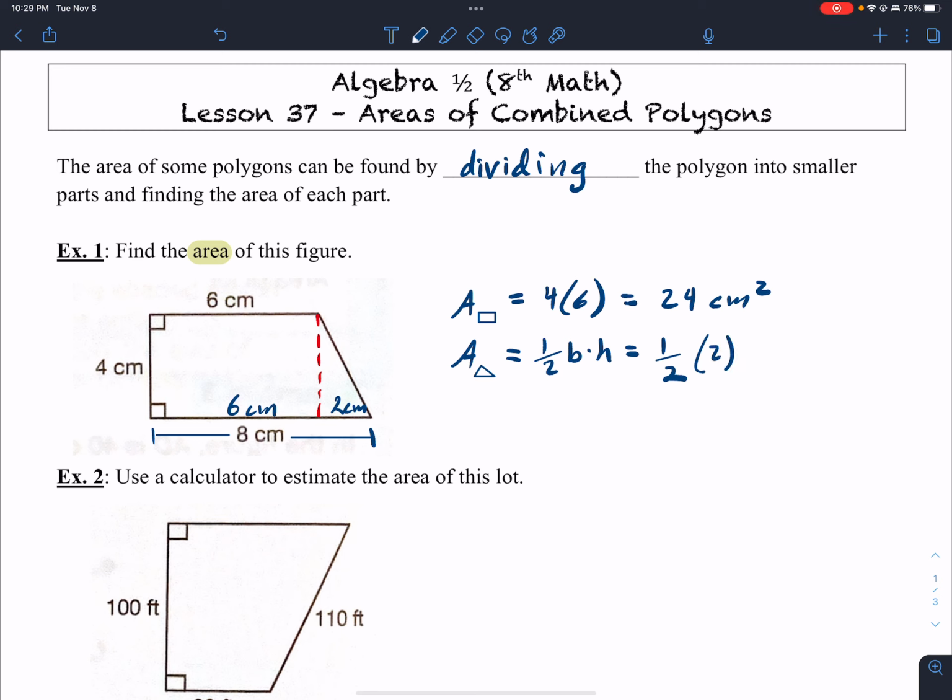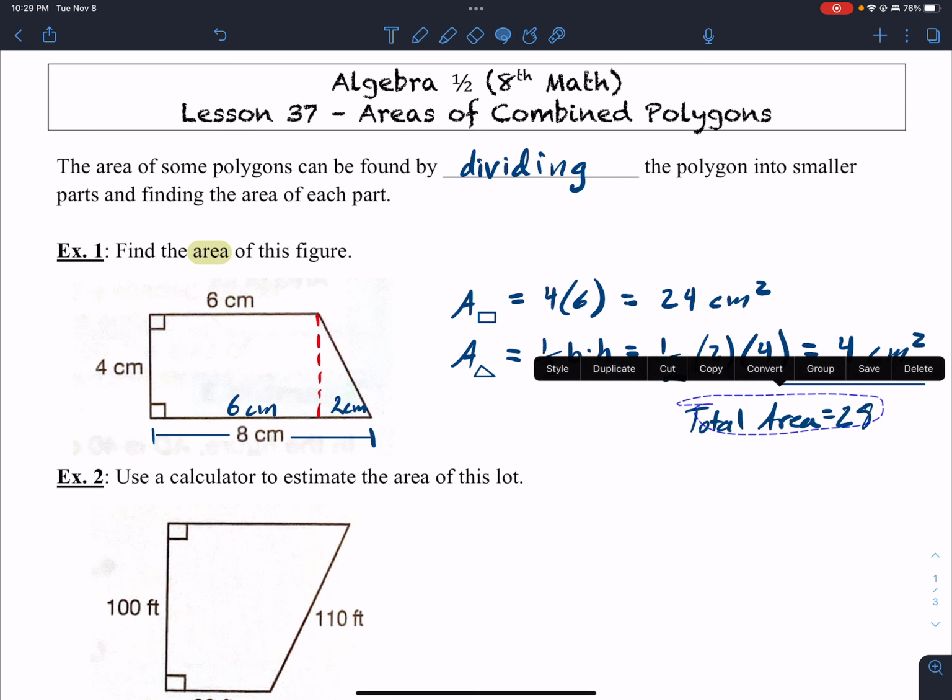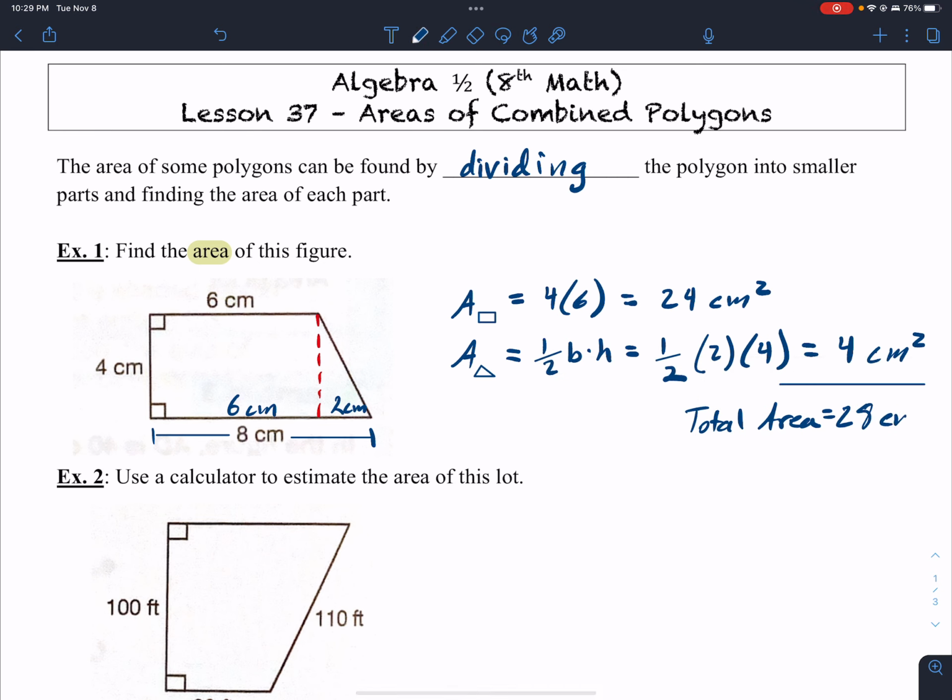So 1/2 of 2 is 1, times 4 is just 4 again, and that's still centimeters squared. So the total would be the sum of these two things. The total area is 24 plus 4, 28 square centimeters. Final answer here.